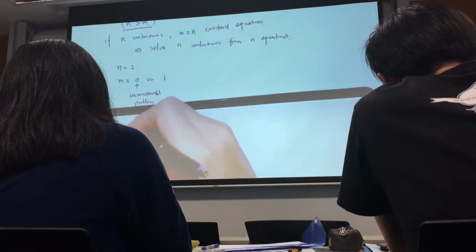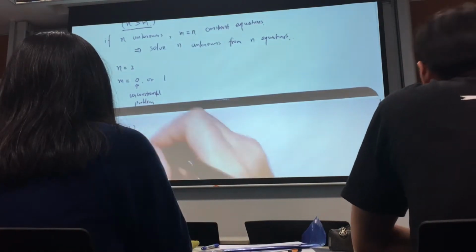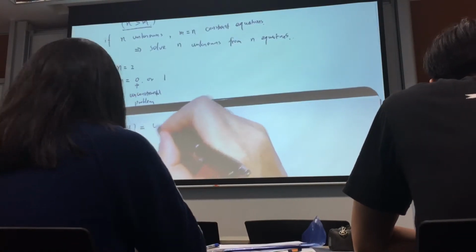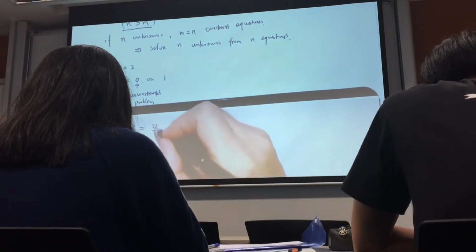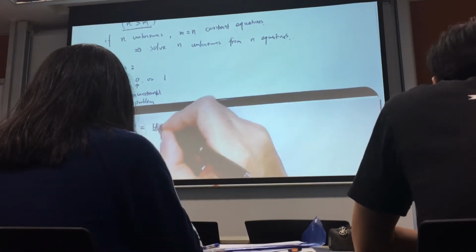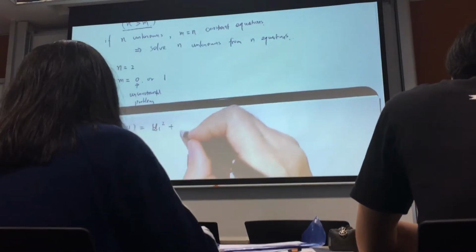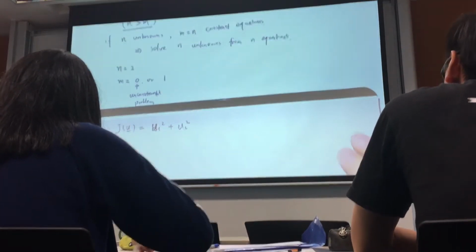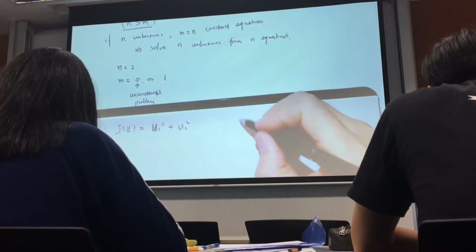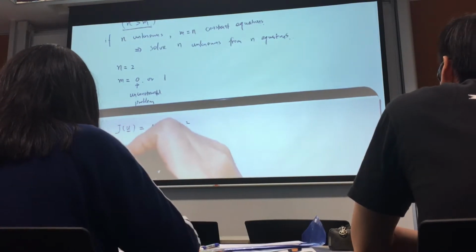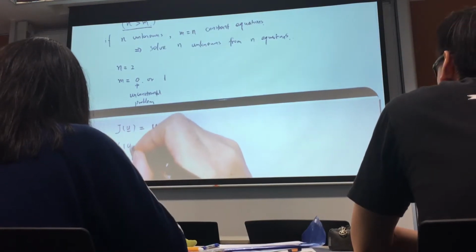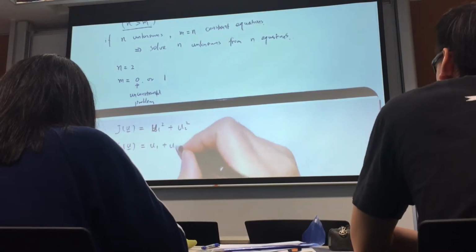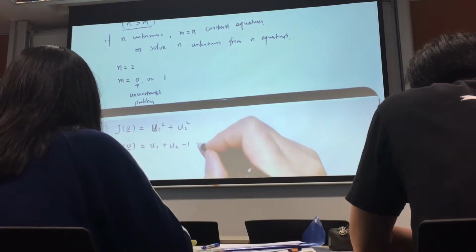We define J(U) in a two-dimensional space, where U is a vector, U1 and U2. So J equals U1 squared plus U2 squared. And we have the constraint F(U) equal to U1 plus U2 minus 1 equal to 0.